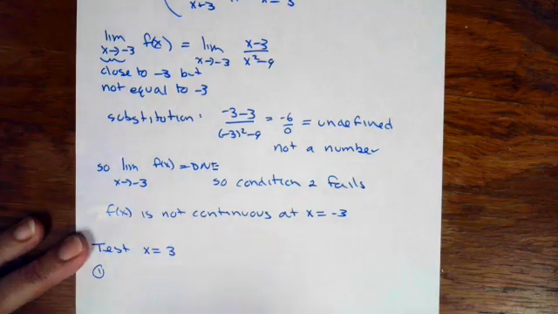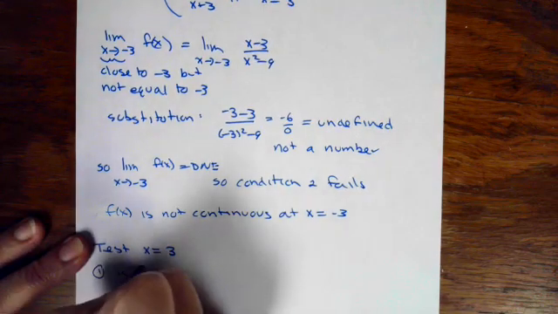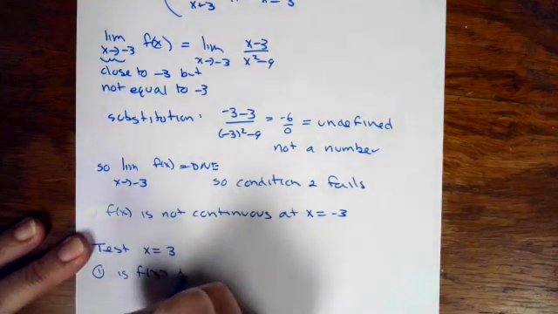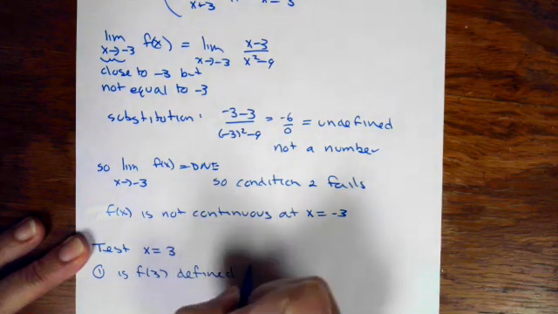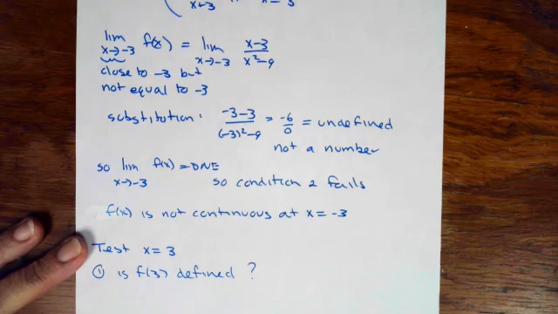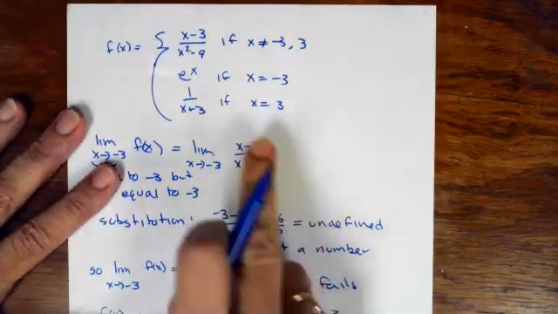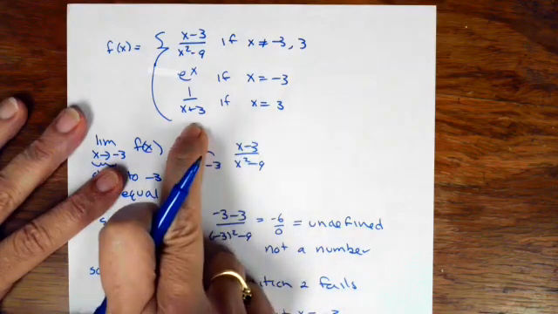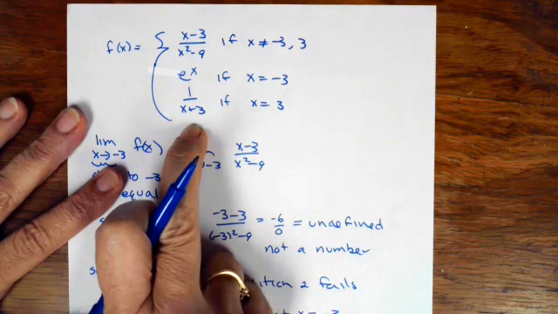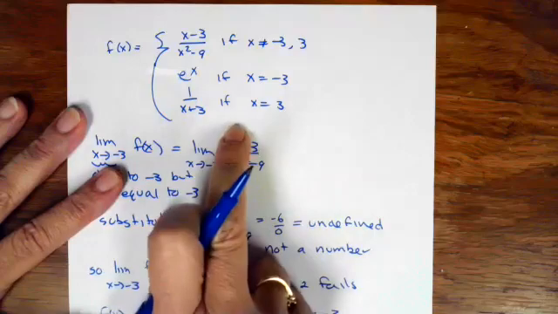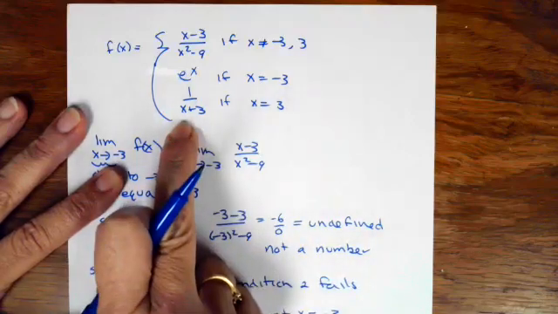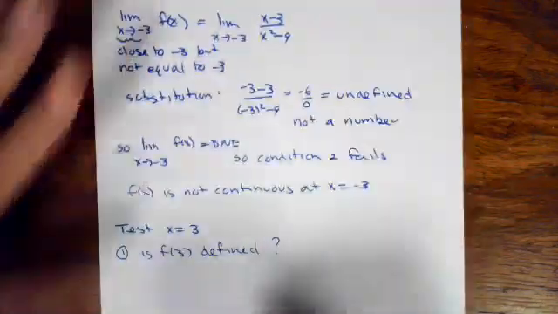So number 1: is f of 3 defined? Well, just go into the function and see what f of 3 is. So if I bring it back down here, when x is 3, I'm supposed to use this rule here, 1 over x plus 3. If x is 3, use the rule 1 divided by x plus 3.